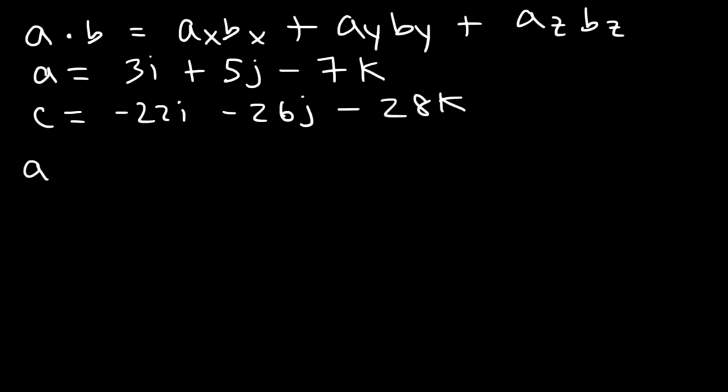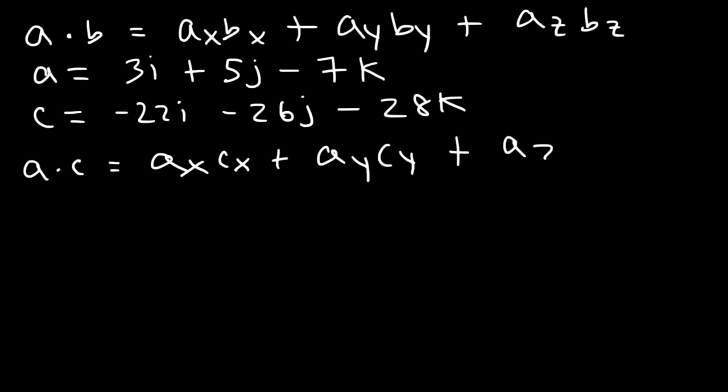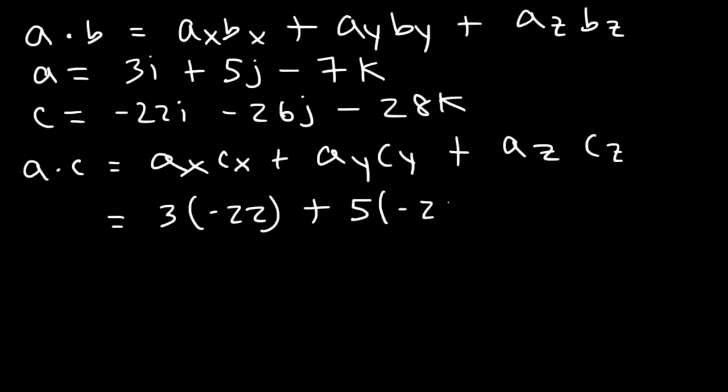So to find the dot product of A and C, it's going to be AX CX plus AY CY plus AZ CZ. So that's 3 times negative 22 plus 5 times negative 26 plus negative 7 times negative 28. 3 times negative 22 is negative 66.